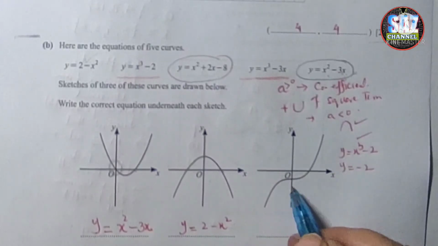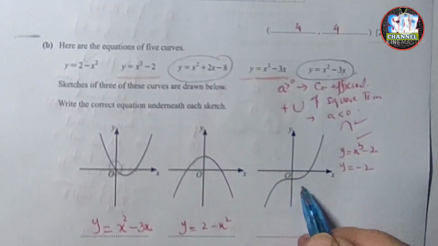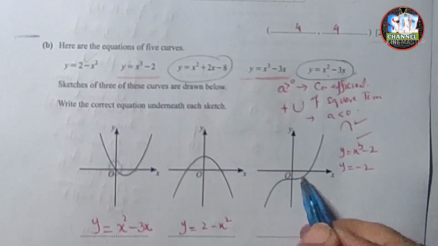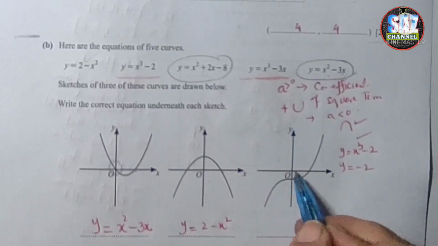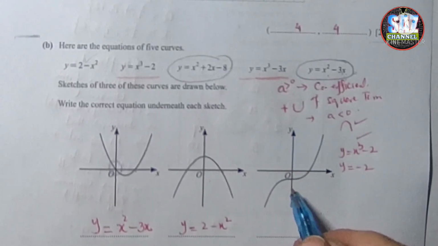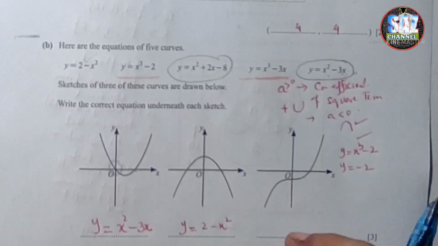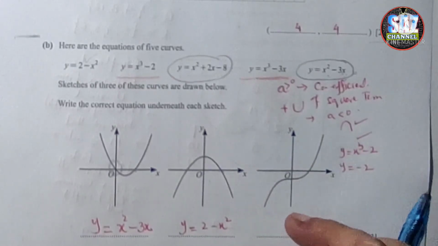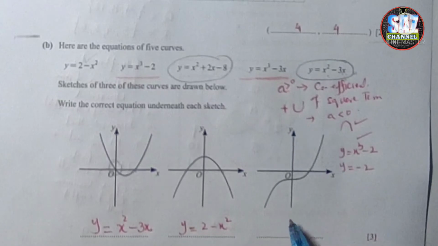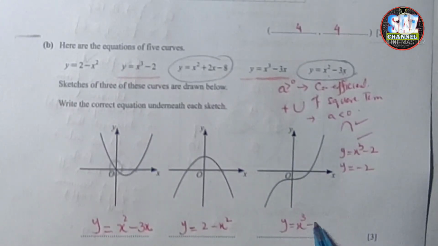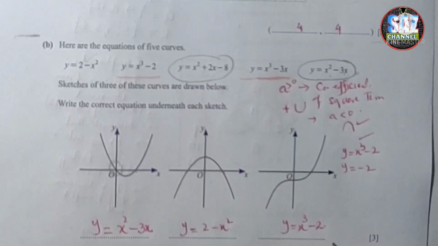This graph is meeting on the below side of the y-axis, on the negative side of the y-axis. So the equation associated with this graph will be y equals x cube minus 2. This is how you have to decide which equation is associated with which graph.